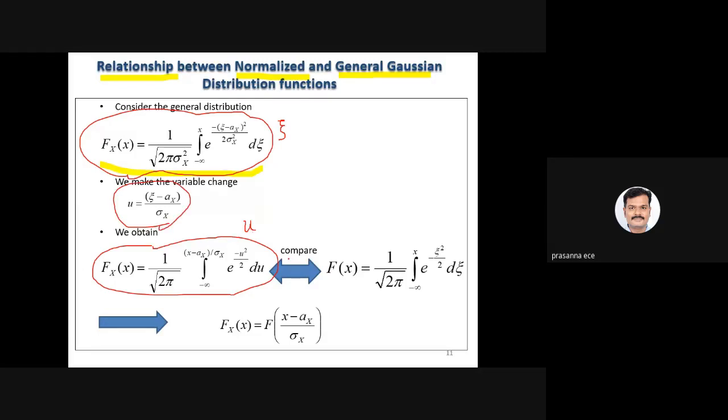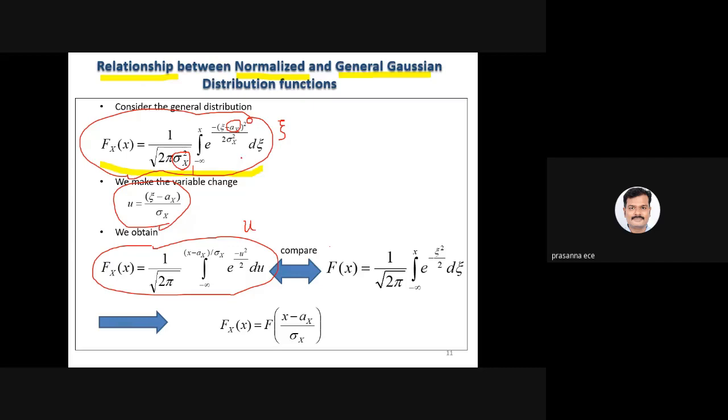Okay, now you compare this integral with the previous definition of our normalized Gaussian distribution. In the previous slide we saw what a normalized Gaussian distribution is, right? It is a Gaussian distribution where sigma x has become 1, and the ax becomes 0.